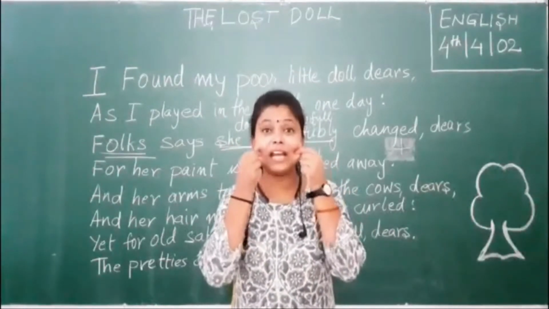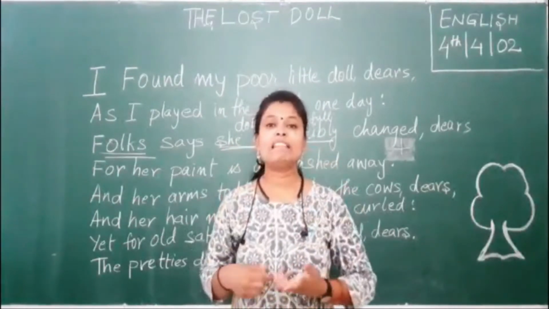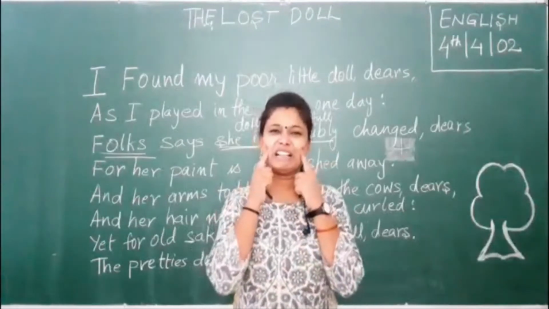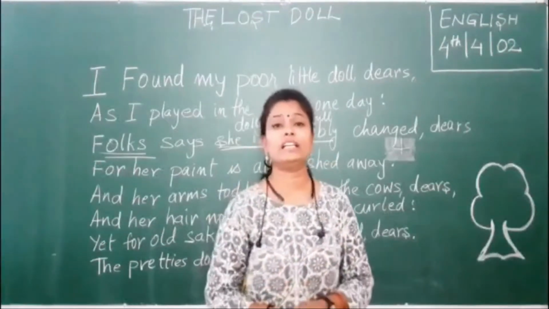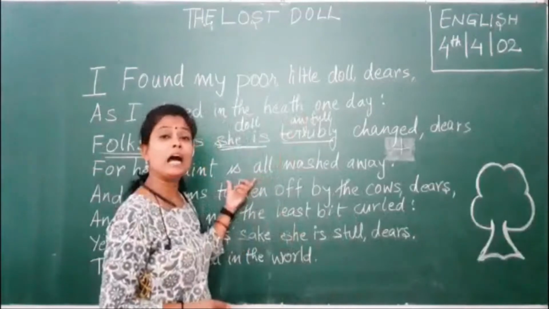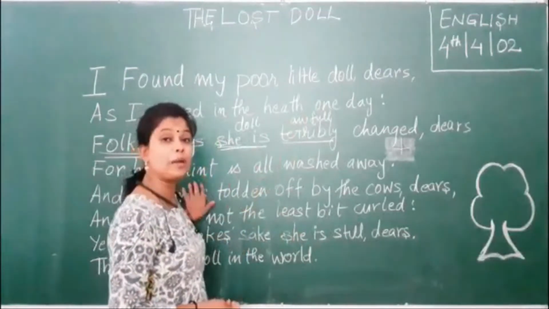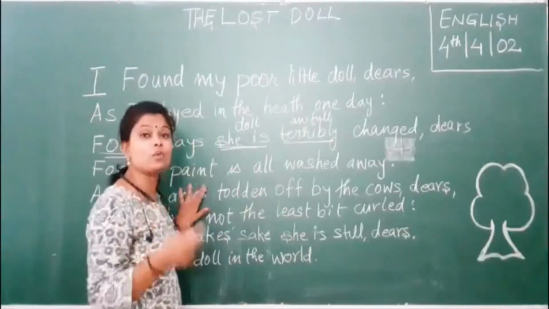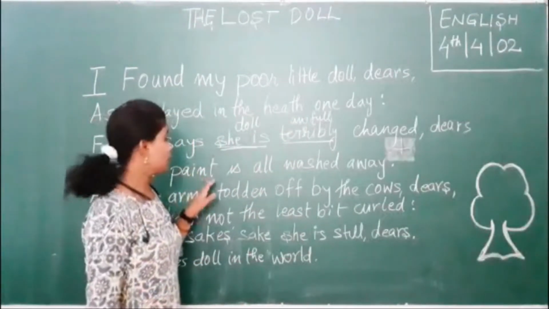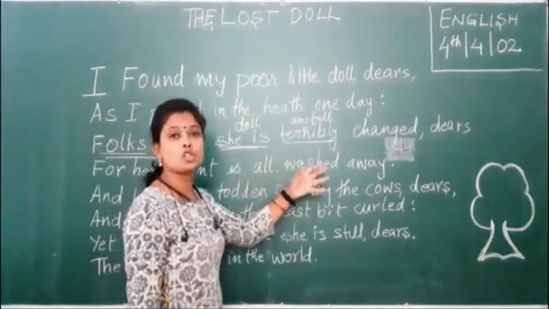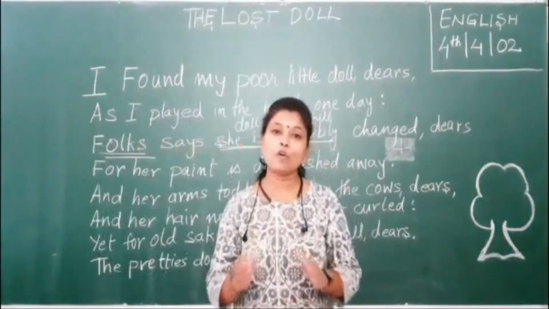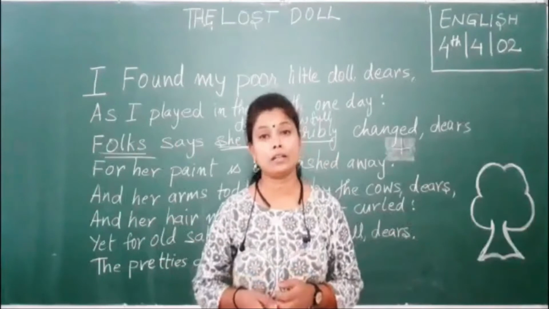Her cheek was pink and white, and now it has become blackish in color, very dirty. So how did it become dirty? Because all her paint, meaning the color she was having, is all washed away. It was washed away. It was cleaned away.